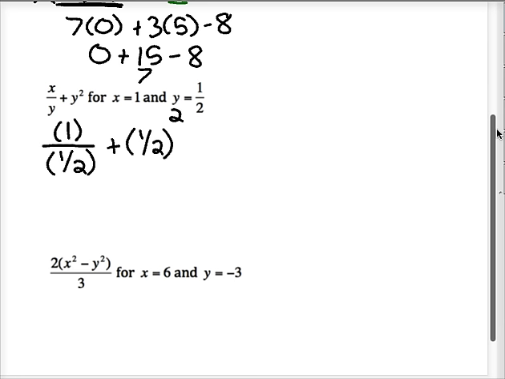Again, great time to type it into your calculator. Make sure you know how to work that square button, that you know how to do powers. If you don't, ask me when you get back to class. So when you deal with that power, you're going to get 0.25. 1/2 squared is 0.25. All right, so we've dealt with that.